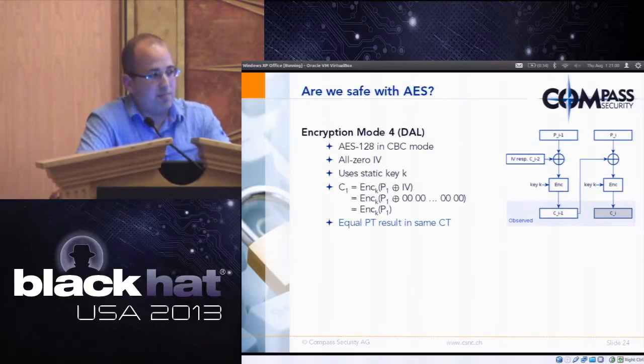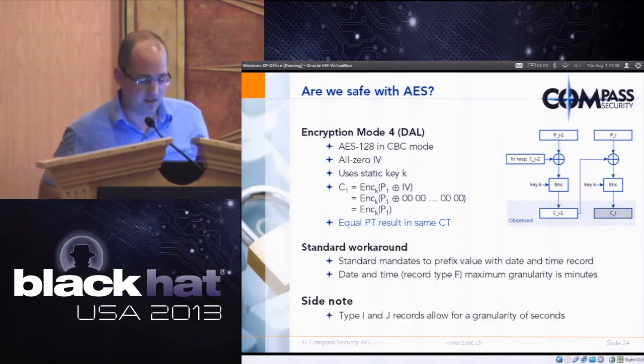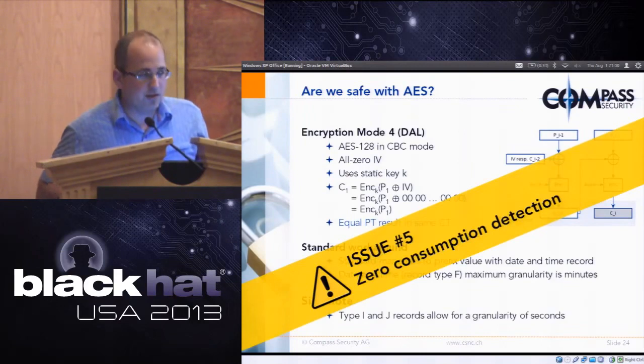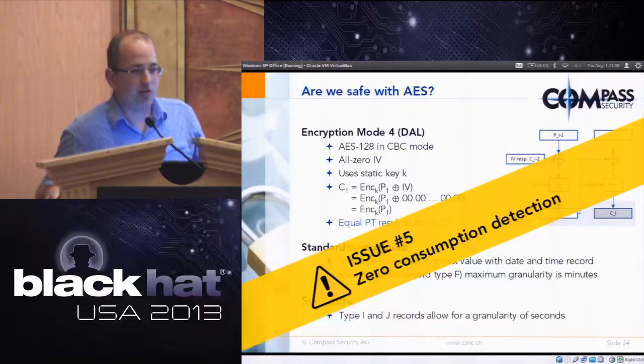So the same plain text input will result in the same ciphertext output. What we could do with it is detect zero consumption. So we could detect whether someone is using energy or not. We know exactly when to rob the house and when not.